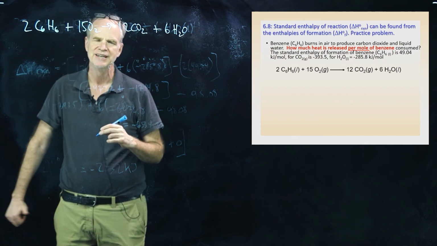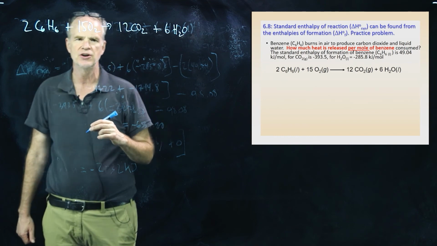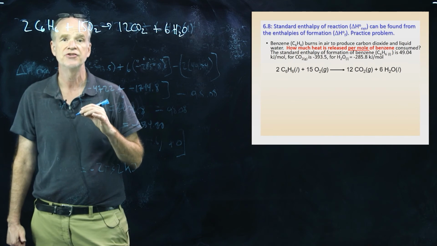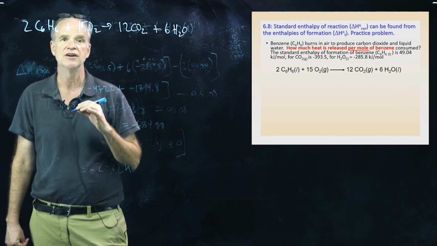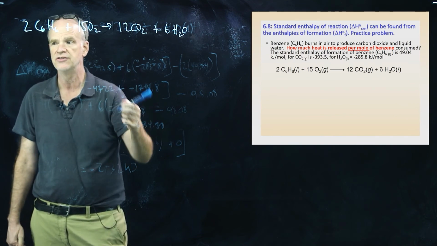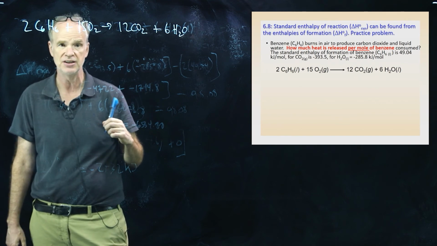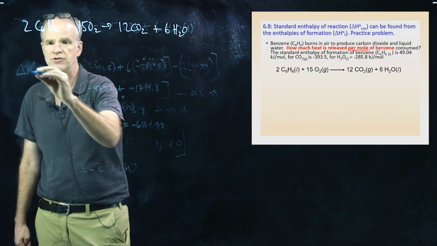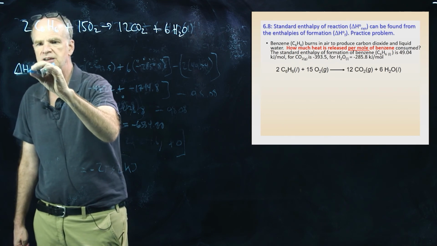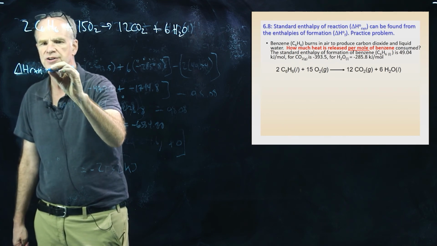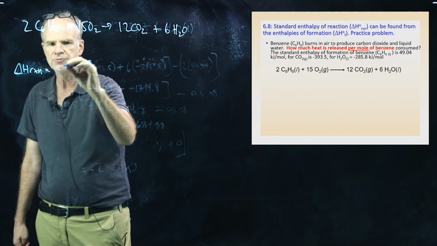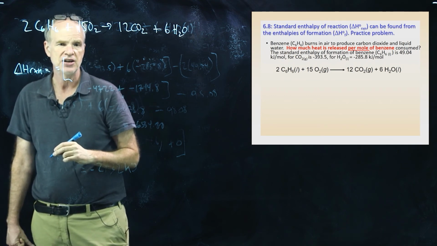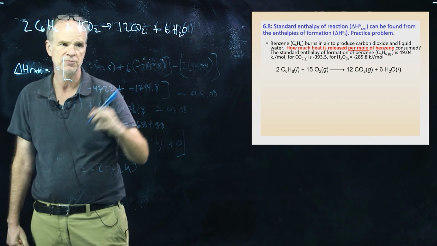Okay, so what we're going to do first, considering the standard enthalpies of formation, is find the standard enthalpy change of this reaction here. And then from that, figure out how much heat is released per mole of benzene. To find the standard enthalpy of this reaction as written, we have to add up the standard enthalpies of formation of the products multiplied by their coefficients.